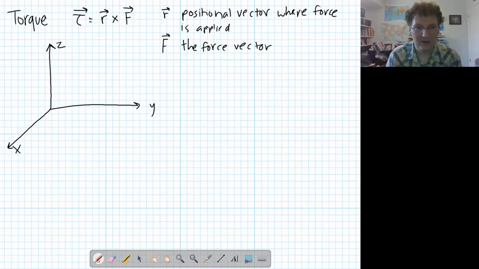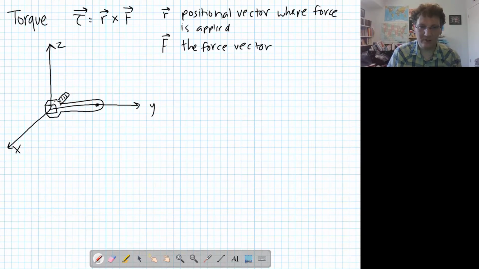Let's suppose that we have a bolt and a wrench, and we want to apply torque to tighten the bolt.